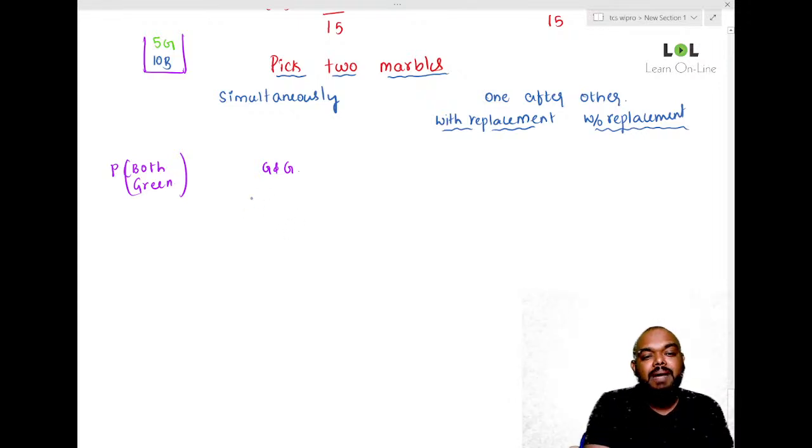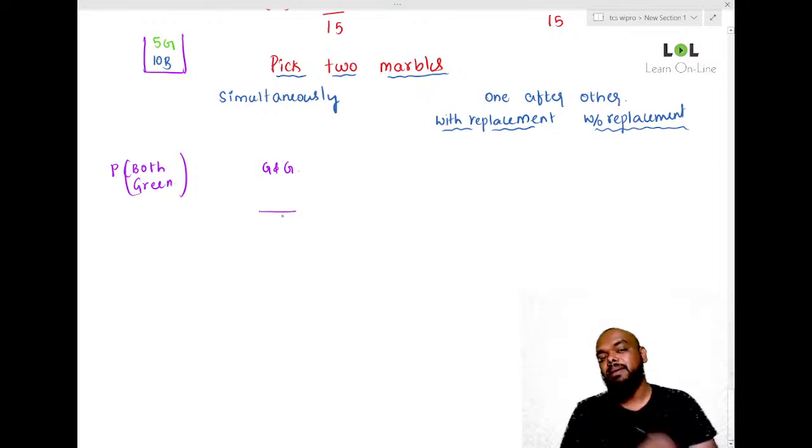How many marbles are we picking at a time from the pot here? 2 marbles from 15 marbles. Now can anybody tell me how many ways I can select 2 marbles from 15 marbles?